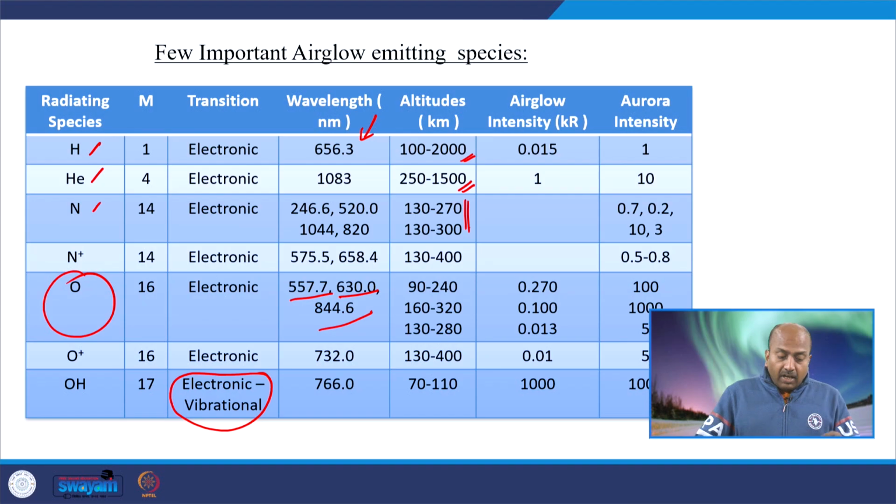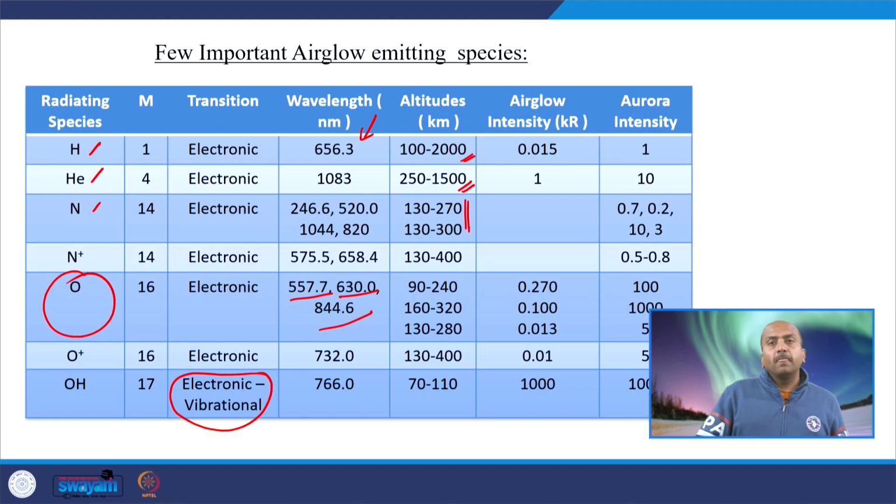So, every atom, depending on the availability of incident photons or excitations, will emit its characteristic wavelength, which means that by looking at the emission or its wavelength, we can guess which particular species is emitting that radiation, emitting that visible light.